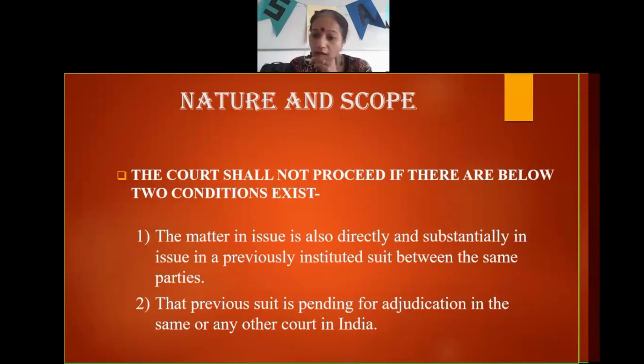That is to say, whenever the decree is passed, it would give a final determination of the parties, and the party would not have any other grievance against the other if a decree is sought by that particular party. And that previously instituted suit is actually filed before either the same court or any other court in India which is competent enough to entertain and adjudicate upon that particular matter.